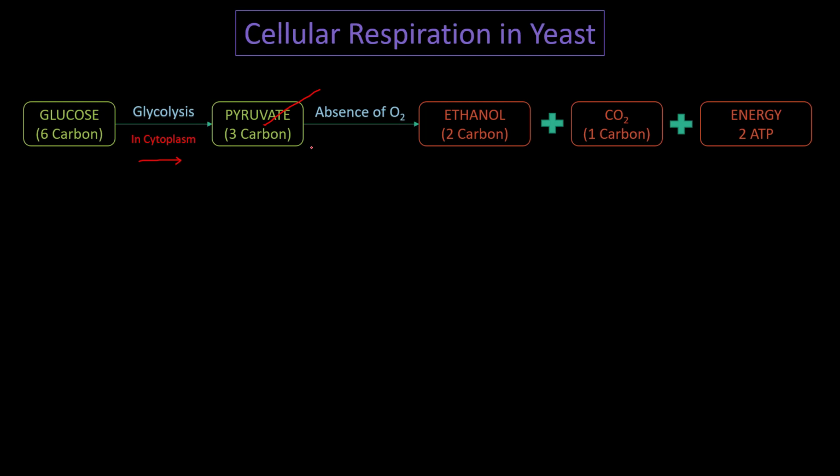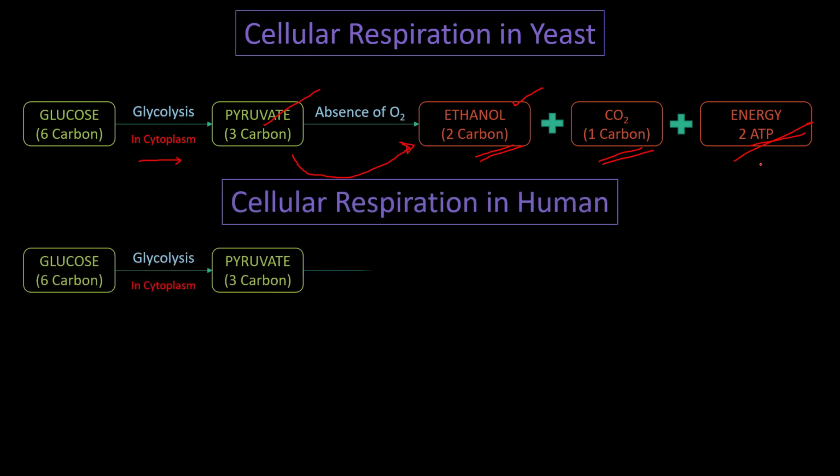But when oxygen is absent, the pyruvate, a 3-carbon structure, gets converted into ethanol, a 2-carbon structure. Along with ethanol, it gives CO2, a 1-carbon compound, the final product of the cellular respiration pathway. And along with that, it gives very little energy, only 2 adenosine triphosphates.